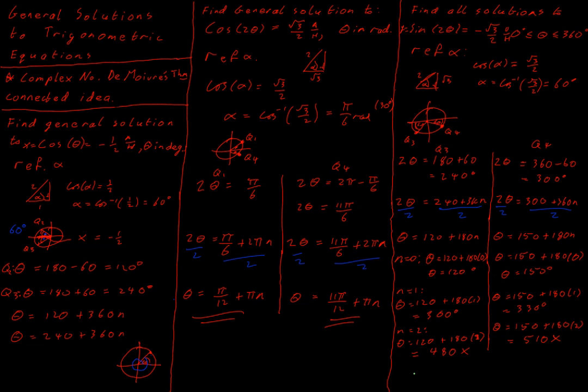So all of the valid solutions for theta are going to be 120, 150, 300, and 330. It's best practice to put all of these nicely in order from smallest to biggest. It's not technically a requirement, but it's a good idea, particularly if they want you to do anything with it. So those are all of the solutions to this function over this interval. And that's what we need for the general solutions of trigonometric equations.